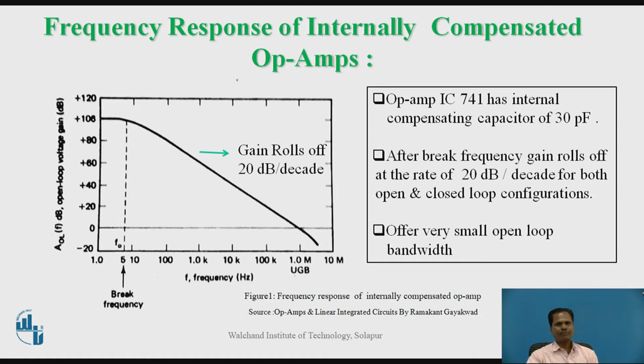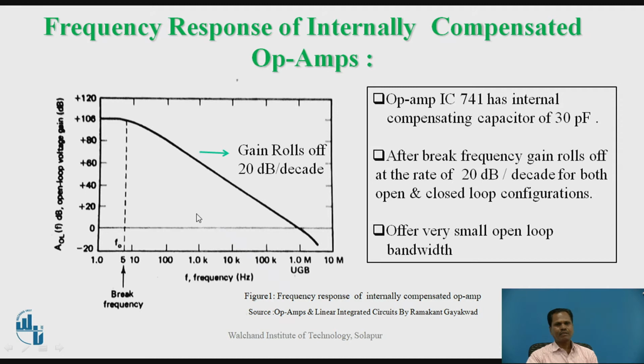So that is a part of internal frequency compensating network as a part of internal circuitry of operational amplifier. So for operational amplifier IC741, the unity gain bandwidth is approximately 1 megahertz. And it has a single break frequency before unity gain bandwidth.